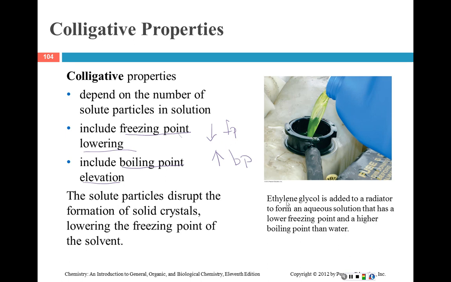Ethylene glycol, for example, is something you put in your radiator instead of just straight water because it lowers the freezing point and increases the boiling point. So it helps in the wintertime or the summertime to keep you from overheating your engine.